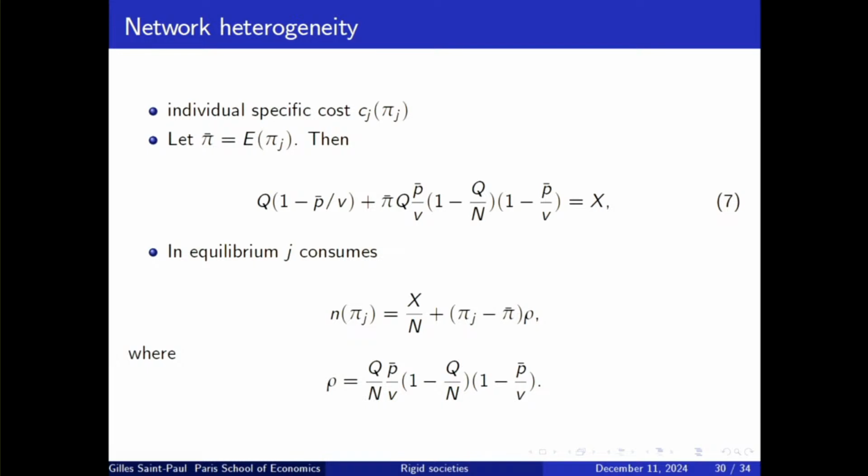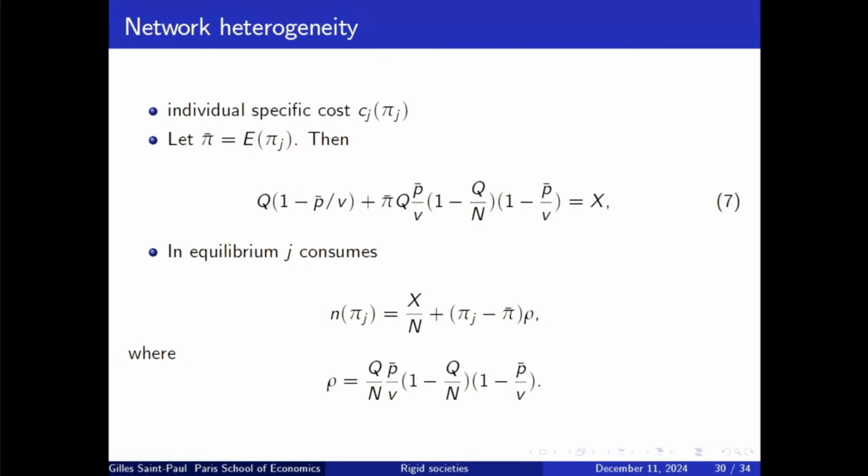This is given by this formula down there, which tells you how many goods you consume as a function of the intensity of your own social network pi sub j, which is endogenous, but we can work with its equilibrium value.